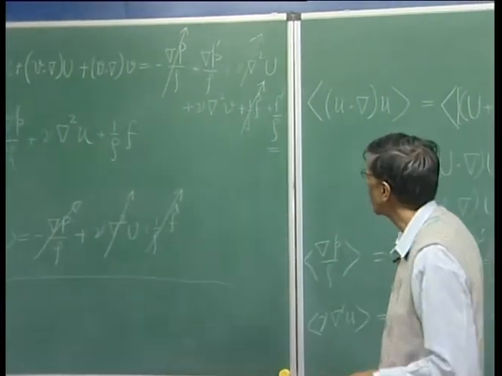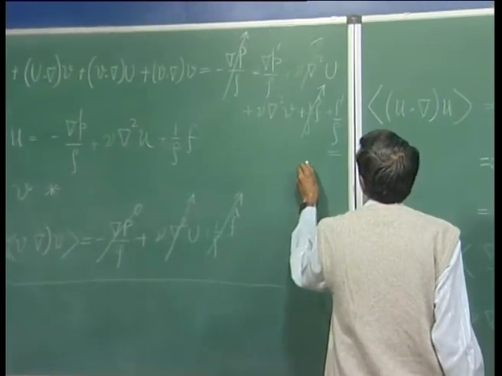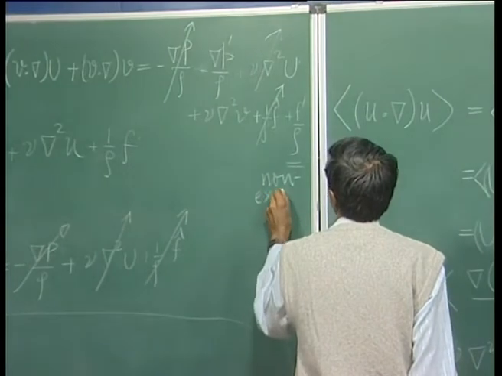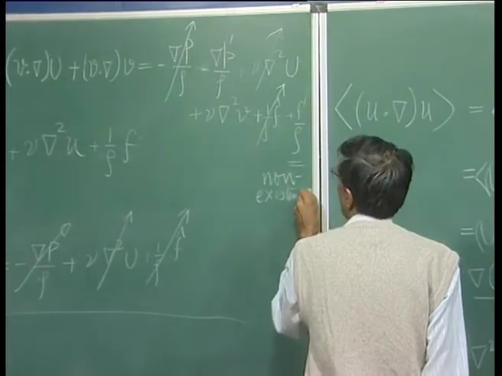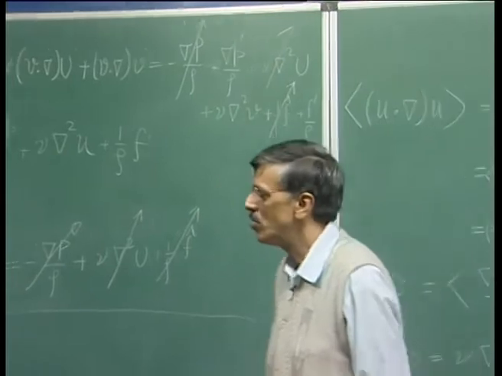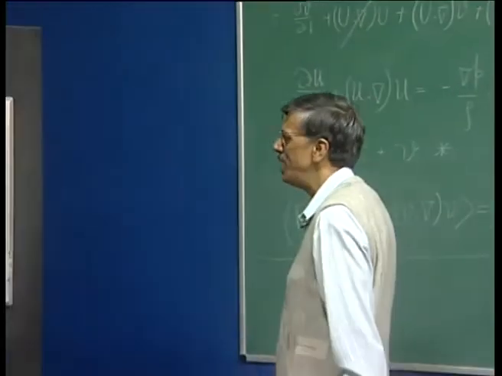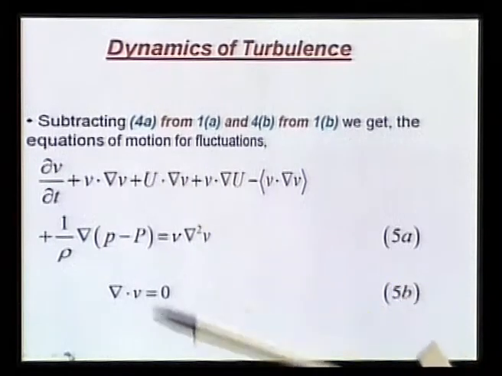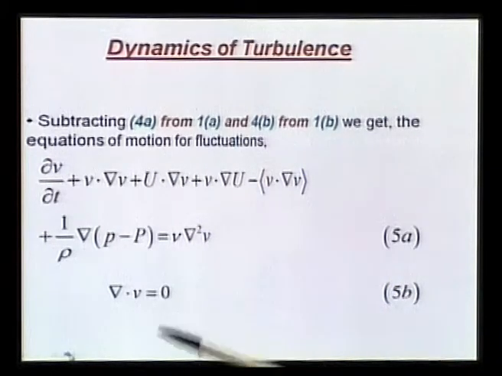So we will say this is non-existent. Basically then we have been able to write out a dynamical equation for the fluctuation, and this is the corresponding mass conservation equation. So these are the two sets of equations that we have written down.